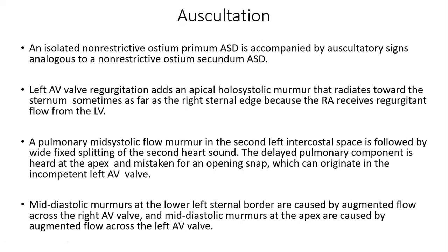The RV impulse with AVSD can be because a lot of volume is coming into the atria, and it is like an ASD, a pretricuspid shunt, so the RV is dilated. There is also a large VSD, so pressure is also high on the right side.